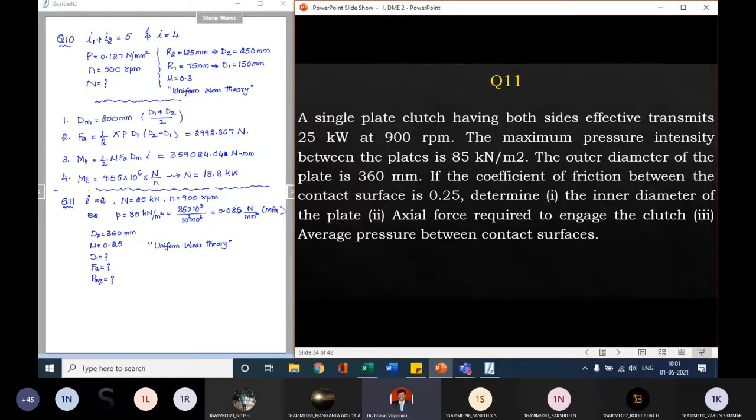So let me start with this numerical. Your first step: capital N, small n is given, so I'll go for MT. MT is equal to 9.55 into 10 power of 6 multiplied by N by n. Now, whether it is a single plate or double plate clutch, the procedure is the same.